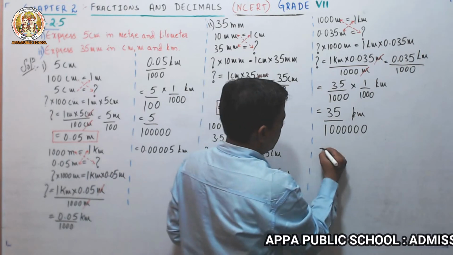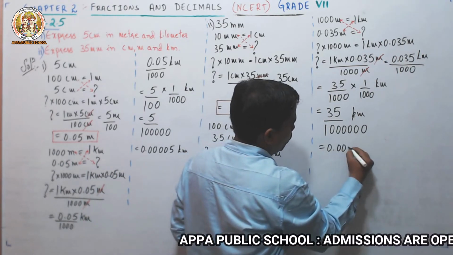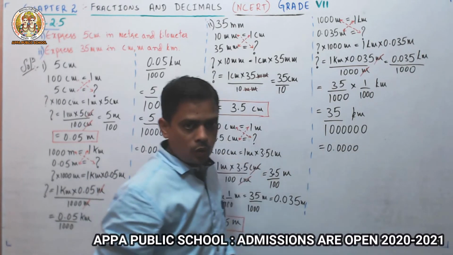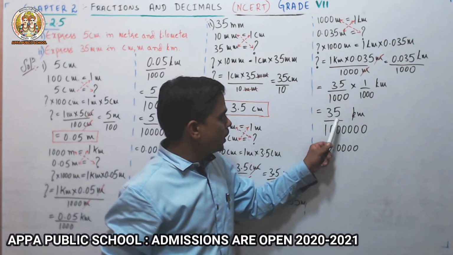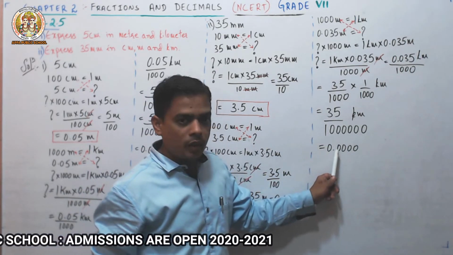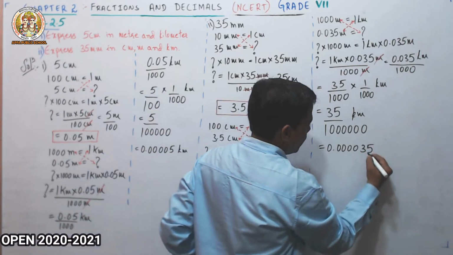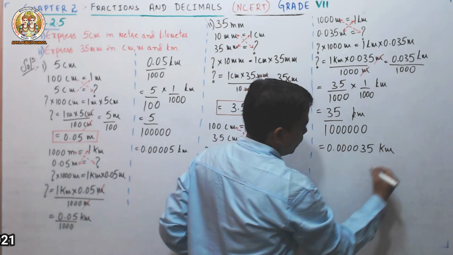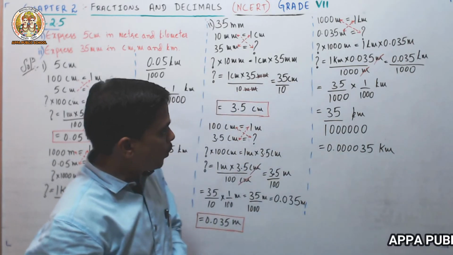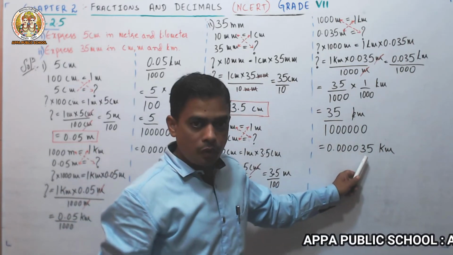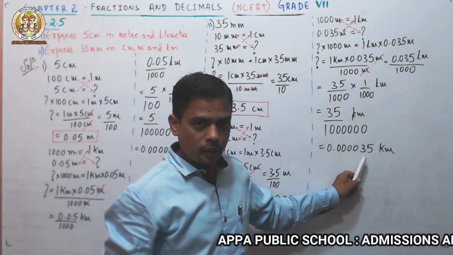So the answer will be 0.0001 with 4 zeros. Why? Because already 2 numbers are there here. Therefore, the reason I am writing only 4 zeros. This 35, I will write it as it is. The answer is in kilometer: 0.0000035 kilometer. Okay.